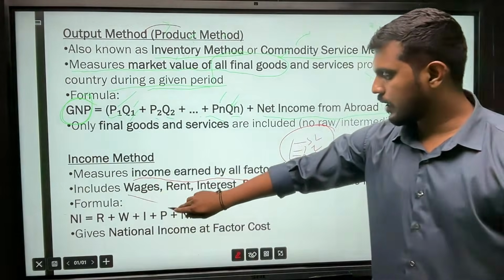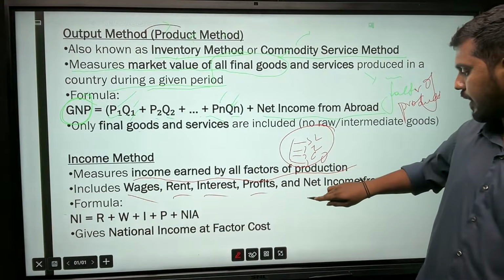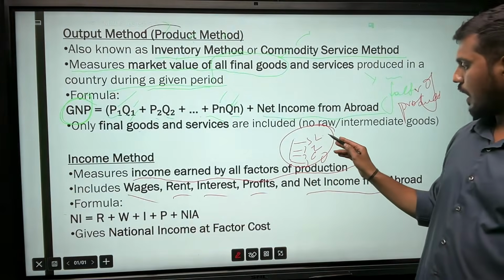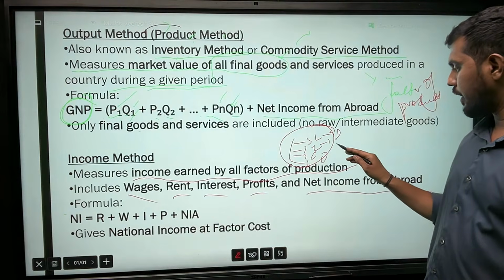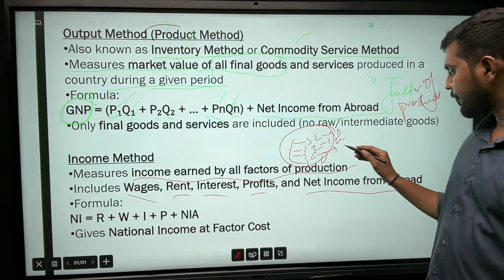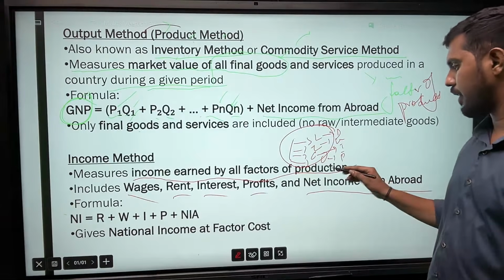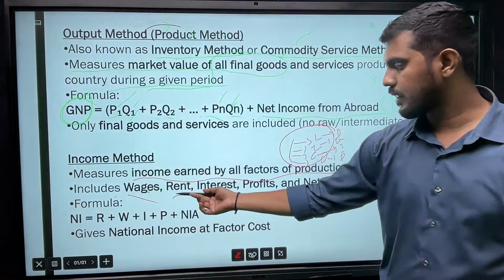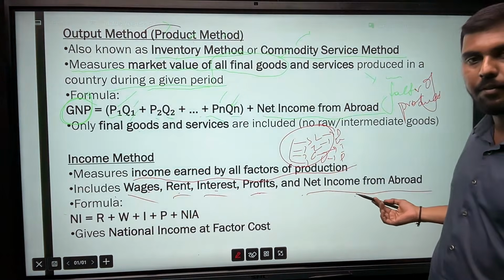Like wage, rent, interest, profit, net income from abroad. What I told: land, rent; labor, wage; capital, interest; organization, profit. Includes income received in the form of wage, rent, interest, profit, and net income from abroad.